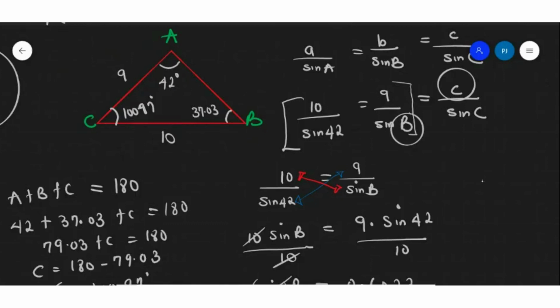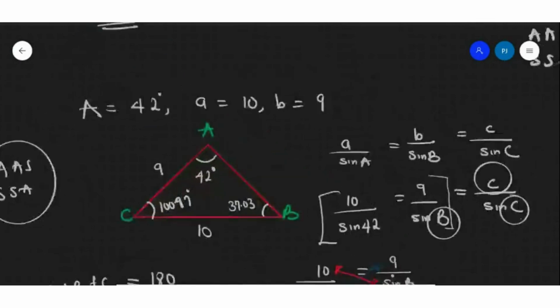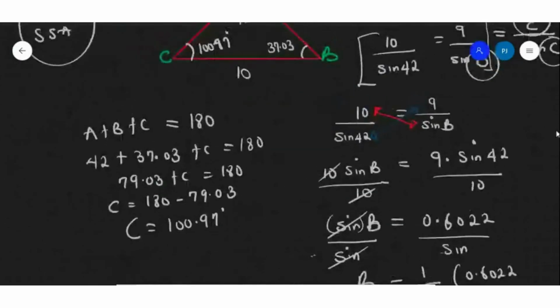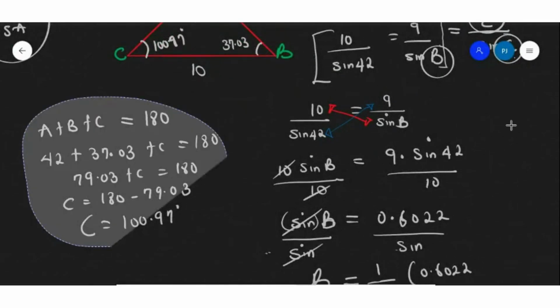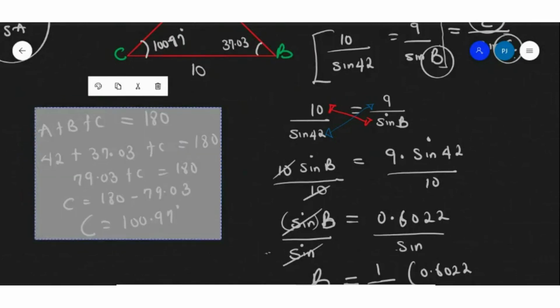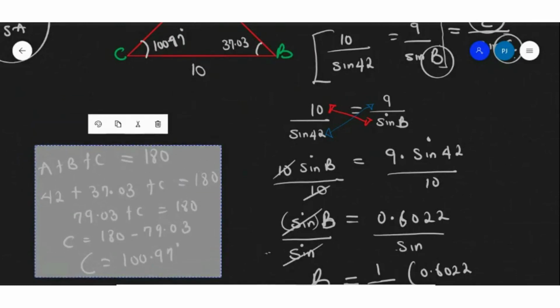So the only thing that's left is to find the value for c, since we have the value for sine C. So I can just use the same concept here. This is what I'm going to do. I think I'm just going to solve it here, so at least I get to see exactly. Just pardon me if I move this downwards a little bit, so we don't get to work too much here.